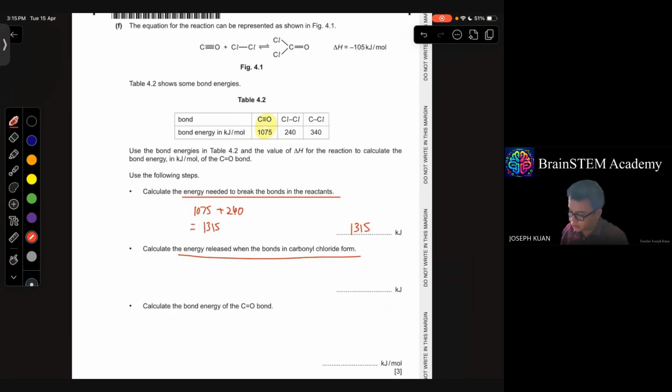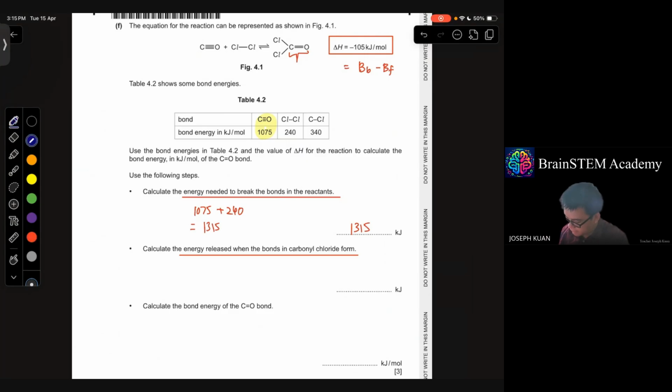Next, calculate the energy released when the bonds in the carbonyl chloride form. The carbonyl chloride has 3 bonds here, which is C double bond O and 2 C-Cl bonds. Now, we are not given the C double bond O bond from the table. That means we have to figure out another way to find the energy released when the bonds are formed. We are given the enthalpy change, and enthalpy change follows the formula of bond breaking minus bond formation.